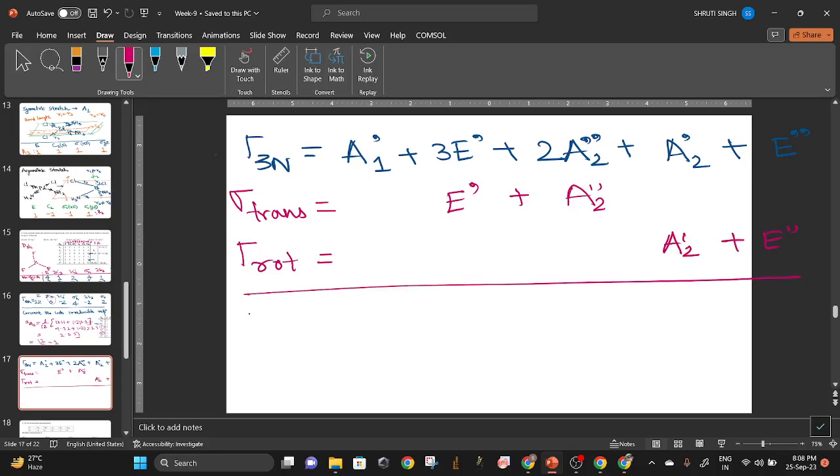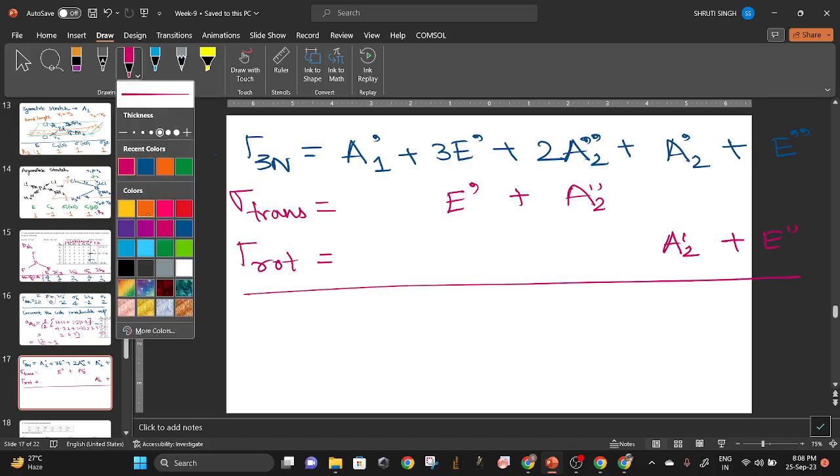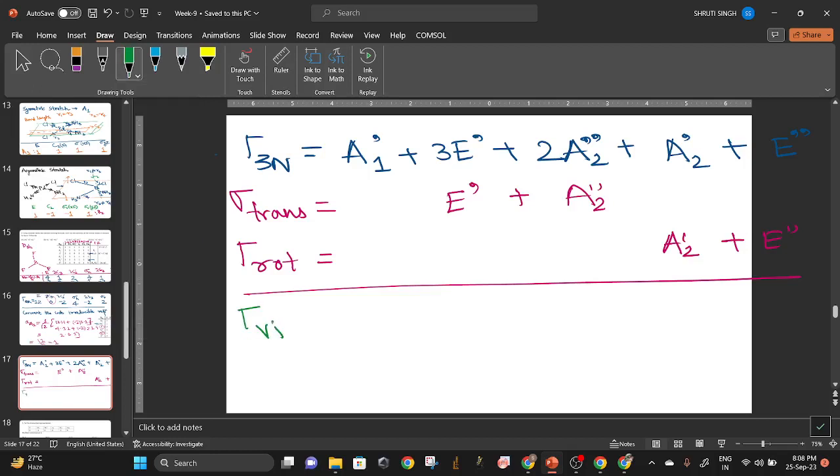Now you can get the final answer as the vibrational. It will be A1 dash, 2 E dash, A2 double dash. That's it. These two will get cancelled away.